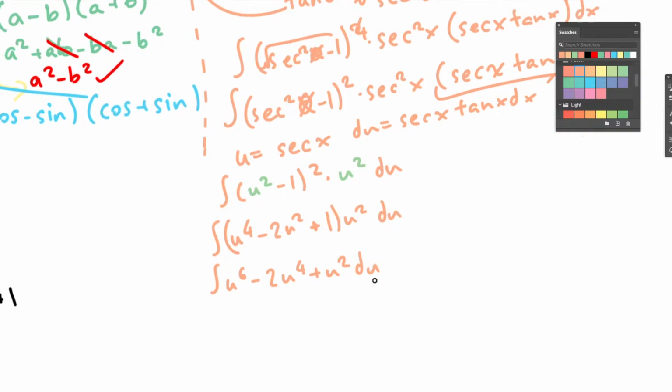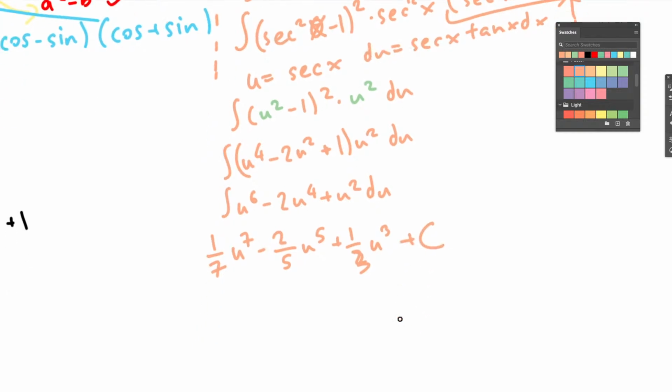Now, I have no idea how to take the integral of this. Are you joking? I'm kidding. 1/7 u to the 7th minus 2 over 5 u to the 5th plus 1/3 u cubed. Oh, okay, I'm slow. Plus c.